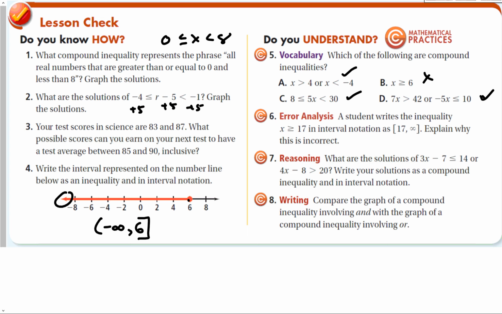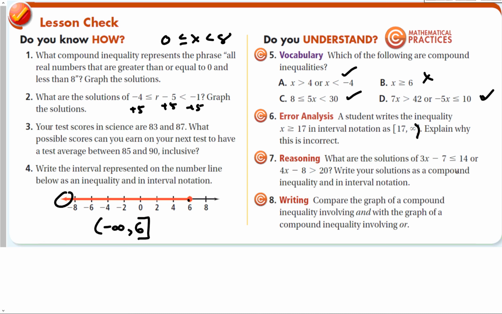Because the bracket indicates a specific number as part of it. There's the part that's not true. We can only have parentheses for infinity. The symbol infinity means numbers continue without end. Always parentheses with infinity.